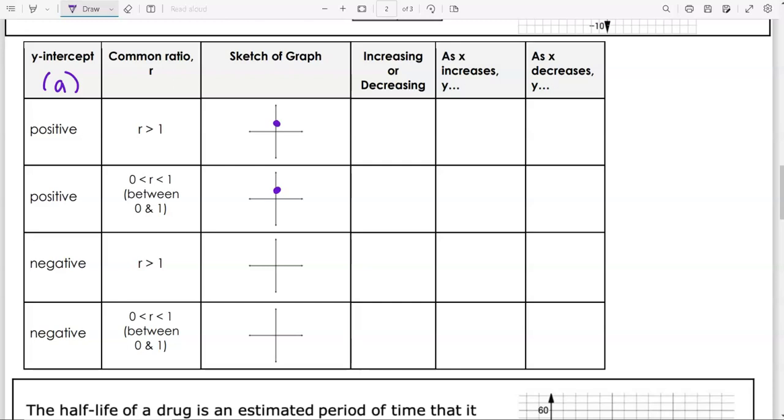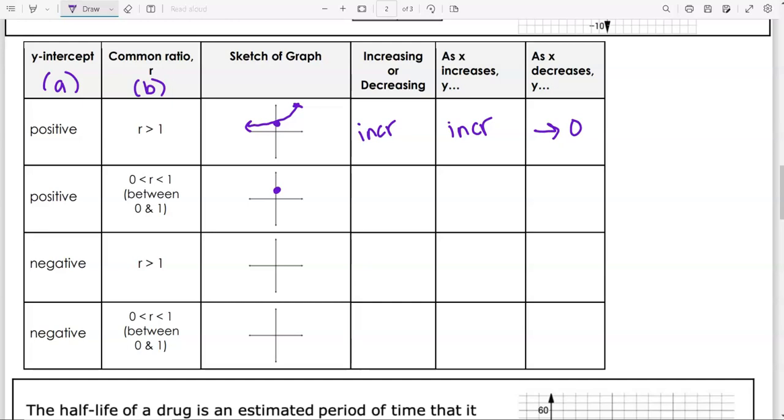And if we have a common ratio, which is our B value, that is bigger than 1, what's happening to our graph? It goes up. Yes, it is increasing. And that means as x increases, y is also increasing, but as x decreases, y approaches 0.